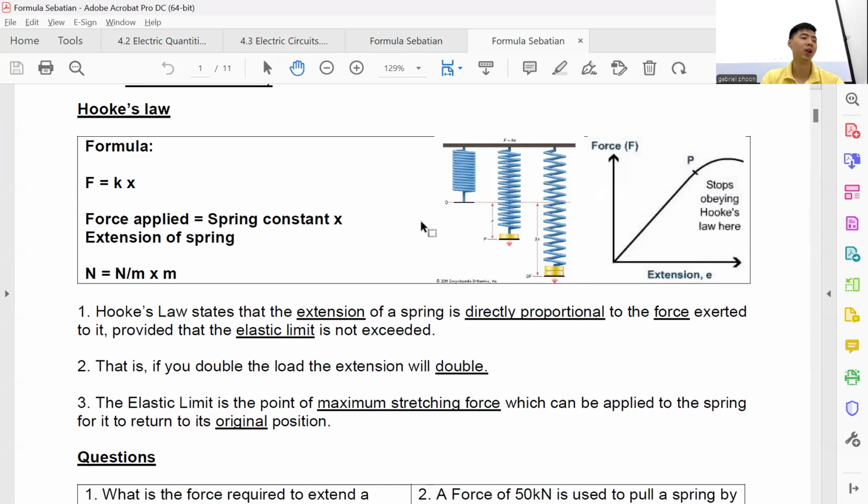Every mechanical pencil will have it also. If not, why would this thing bounce back? Look, I'm pressing it, and it's bouncing back. Why? I'll give you a hint, it's not because of God, guys.